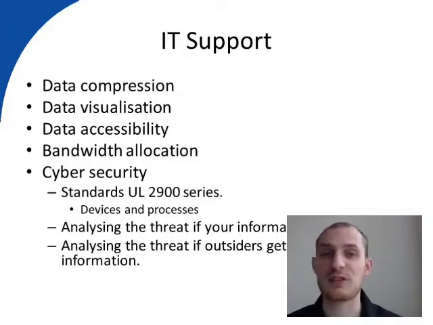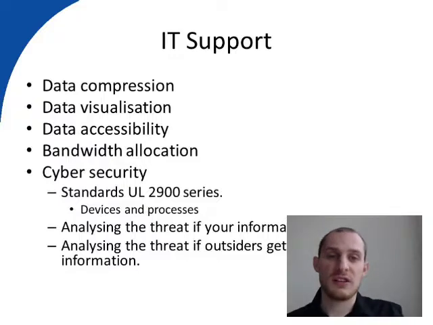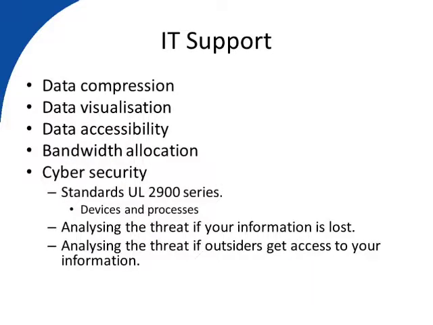The last one, which is also incredibly important, is cybersecurity. There's the UL 2900 series standard for devices and, I guess, business processes and how they work together. In terms of cybersecurity, there are two main questions you have to do a risk assessment on. The first is, what happens if someone just gets on and deletes all your information?